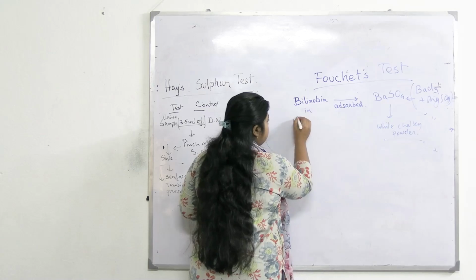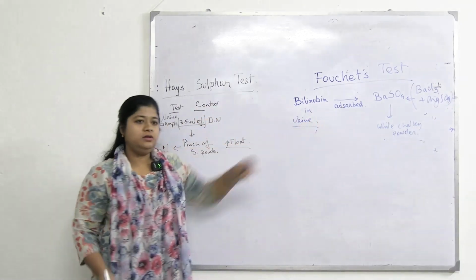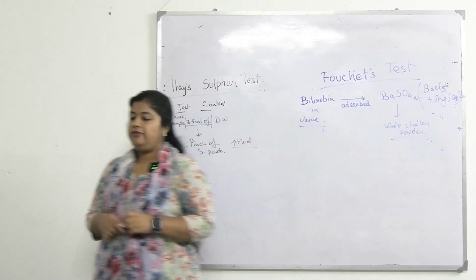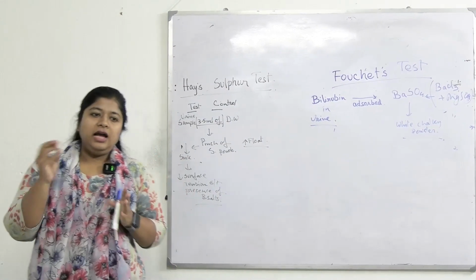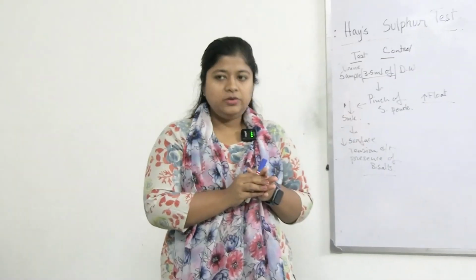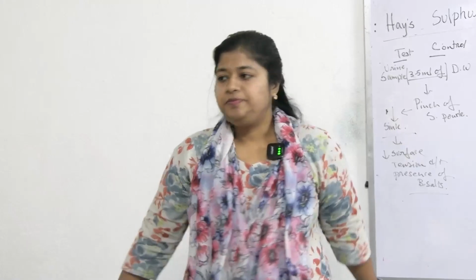Bilirubin in urine gets adsorbed, not absorbed, adsorbed. It is a surface phenomenon where a solid attaches with a solid particle or a liquid attaches with a liquid particle of a different phase. So here we get white chalky powder precipitate in the test tube.